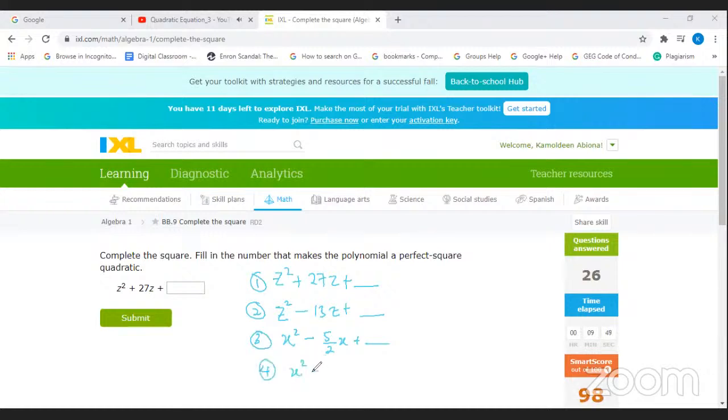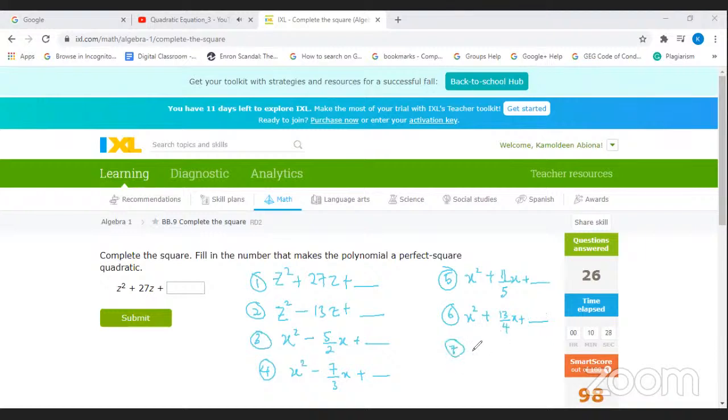Then s squared minus 7 over 3 x, and s squared plus 11 over 5 x, plus what must be added? x squared plus 13/4 x plus what must be added?